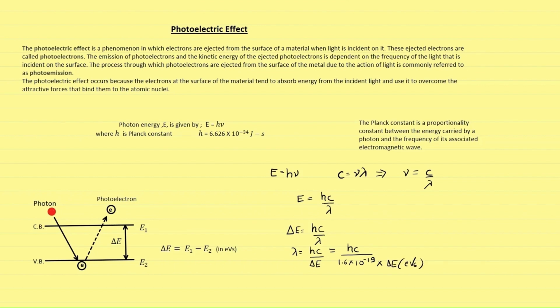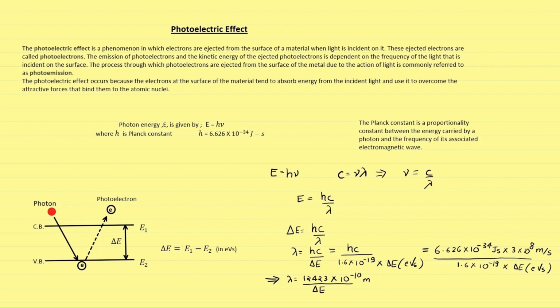We also know that c and h are constants. By putting the value of c and h in the equation, we will get wavelength in angstrom equal to 12400 divided by bandgap energy in electron volt.